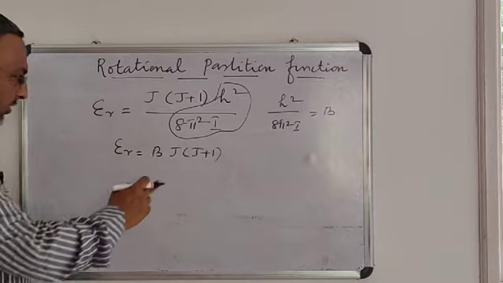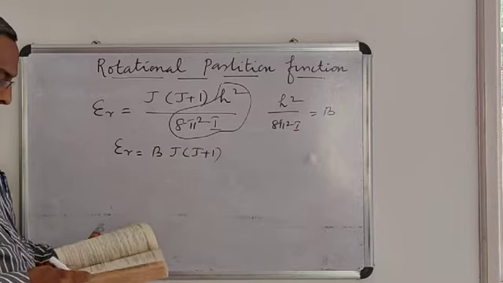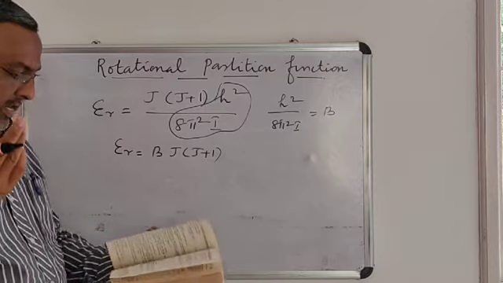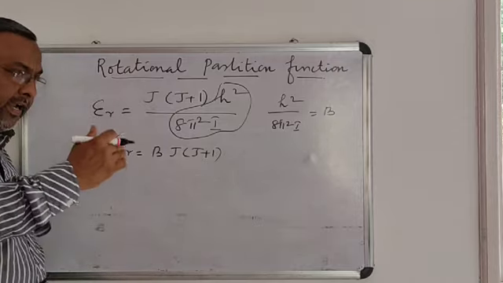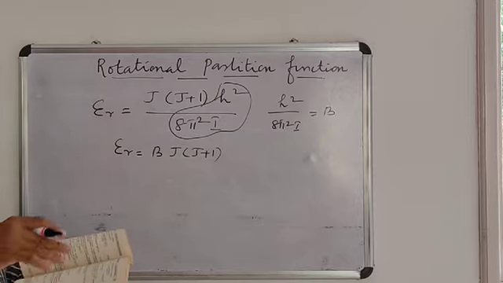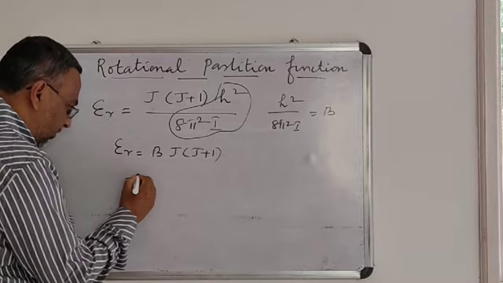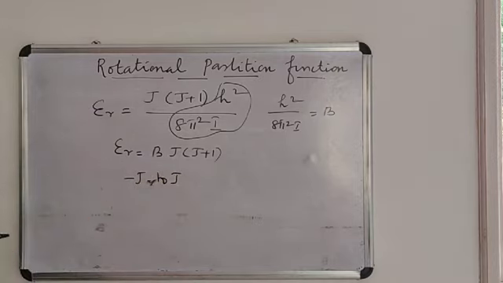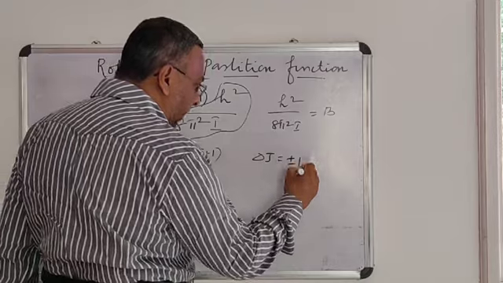Every J level, that is every rotational energy level, has 2J plus 1 states, corresponding to 2J plus 1 different rotational orientations of the rotating molecule, and these states are distinguished by minus J to plus J. You might have studied in rotational spectroscopy that the selection rule is plus or minus 1.